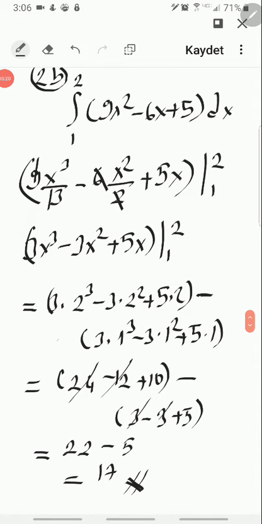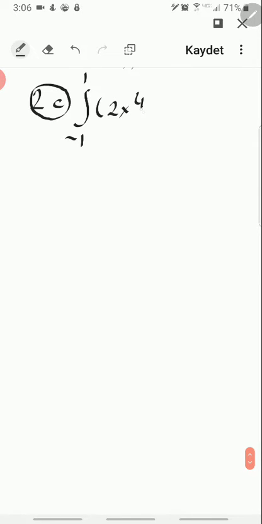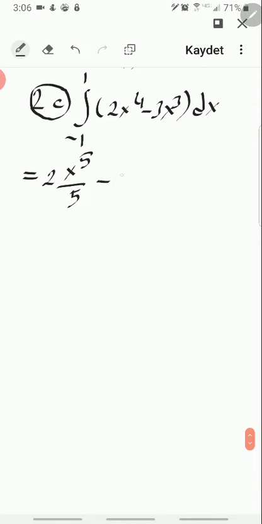Let's go with the next example, 2c. In 2c, we have from minus 1 to 1 of 2x to the 4 minus 3x cubed dx. Let's integrate: 2x to the 5 over 5 minus 3x to the 4 over 4.